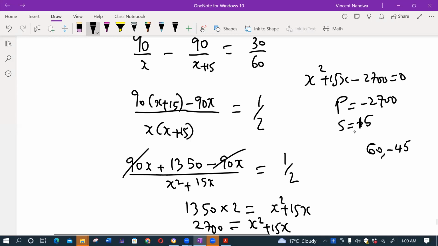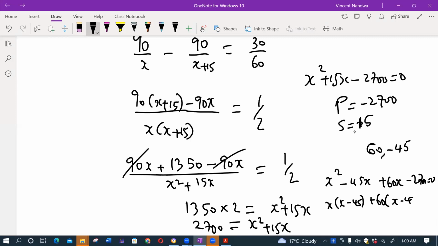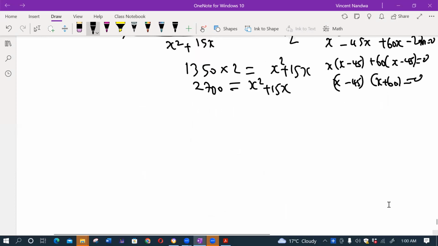So we'll have x squared minus 45x plus 60x minus 2700 equals 0. So we'll have x into x minus 45 plus 60 into x minus 45 equals 0. So x minus 45 times x plus 60 equals 0, and that gives us x equals 45 or x equals minus 60.